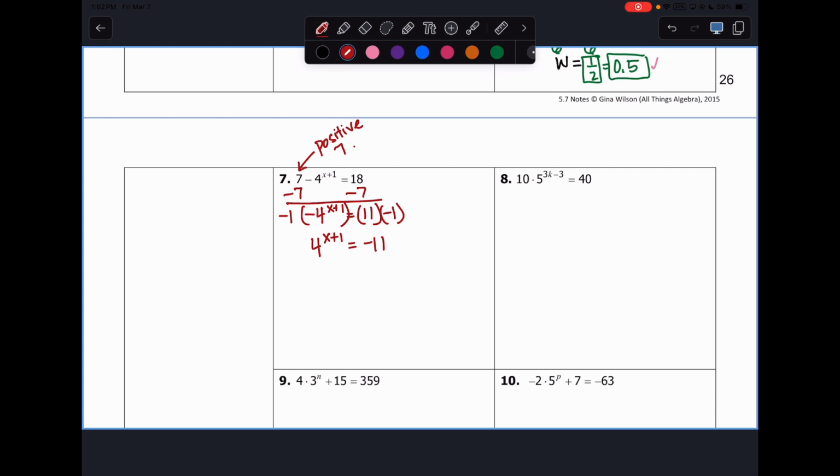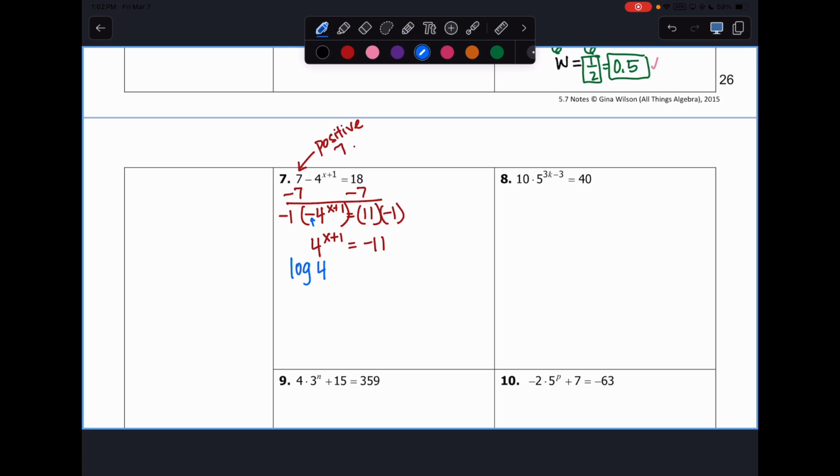Now what? Do we have common bases? Nope. So we do what? Log on both sides. Where did the negative 1 come from? You see that negative right here? That's a negative 1 times 4, right? So I'm going to multiply both sides by negative to keep that base a positive. Okay?